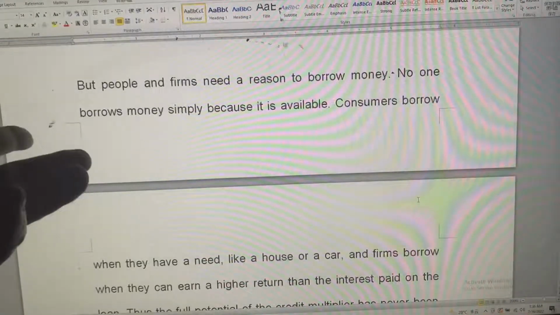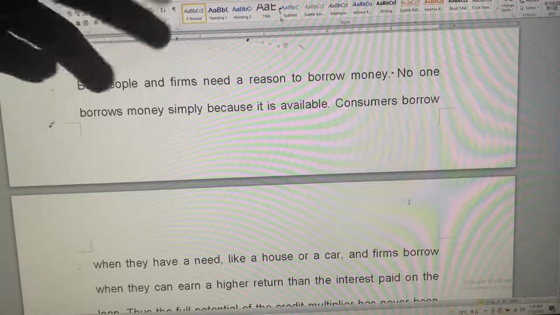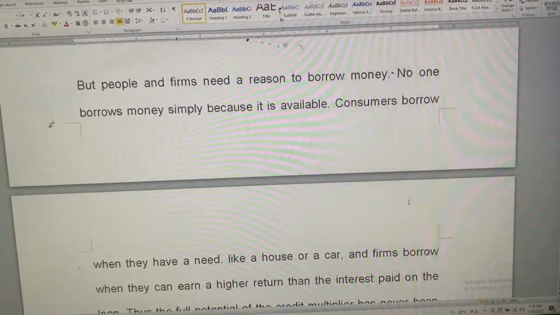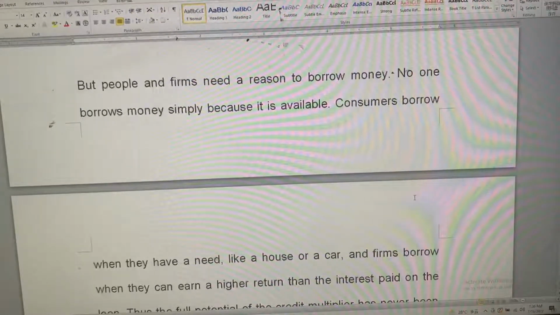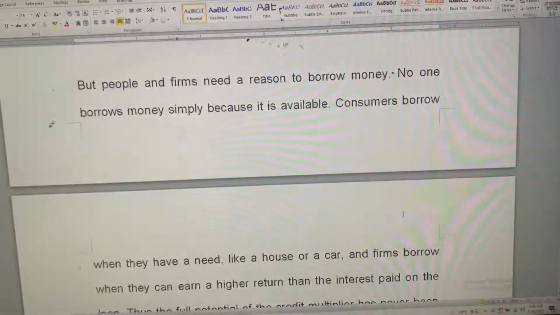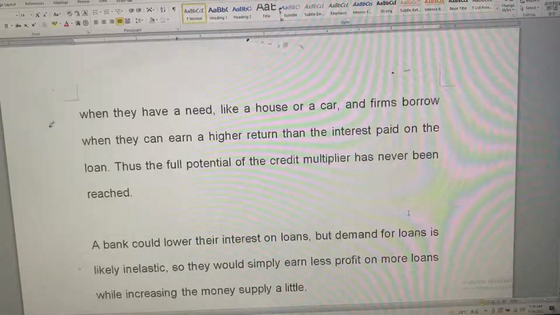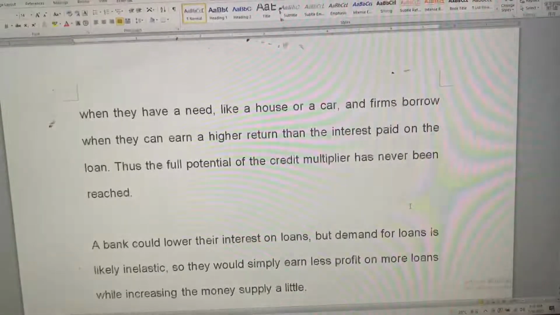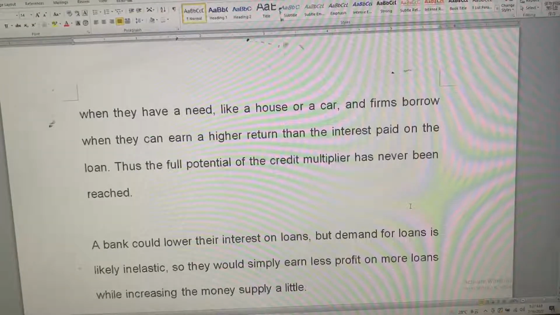But here's the other side of that. People and firms need a reason to borrow money. No one borrows money simply because it's available. Consumers borrow when they have a need, like a house or a car. And firms borrow when they can earn a higher return than the interest paid on the loan. Makes sense, right?